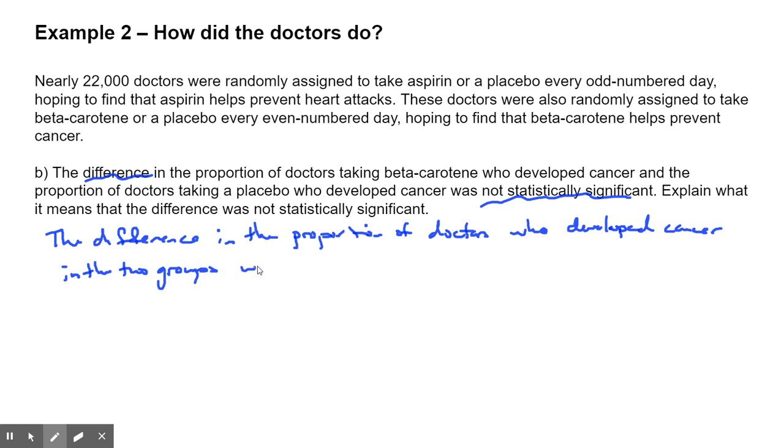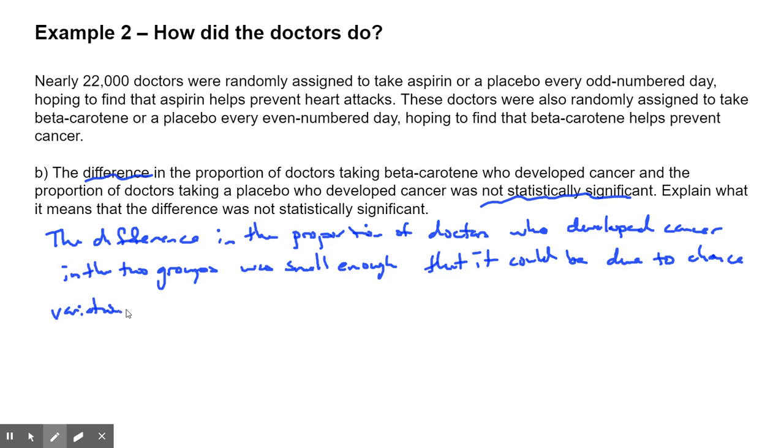was small enough. So again, instead of saying was not large enough, we're going to say it was small enough that it could be due to chance variation in the random assignment to treatments.